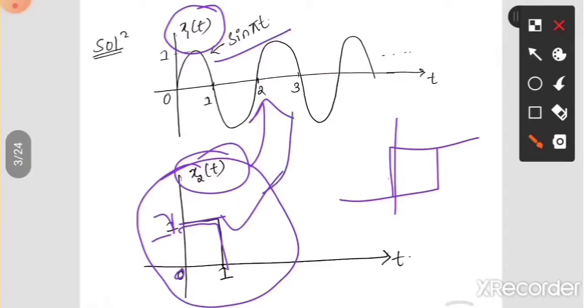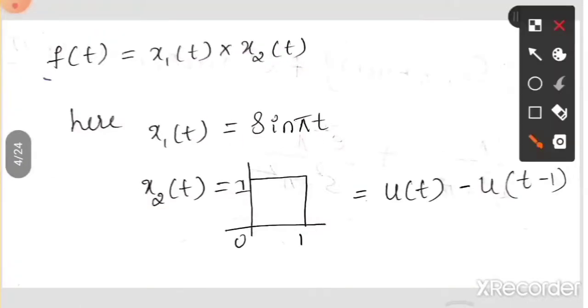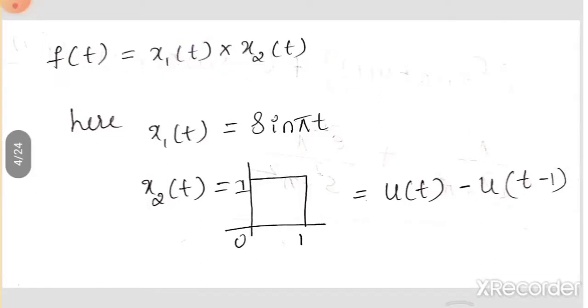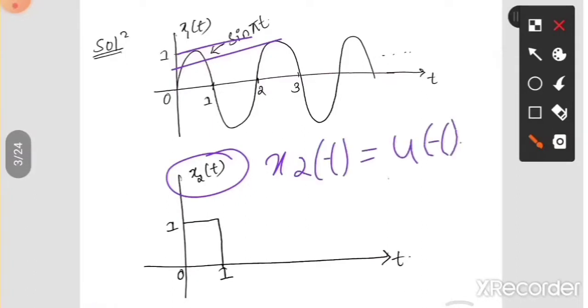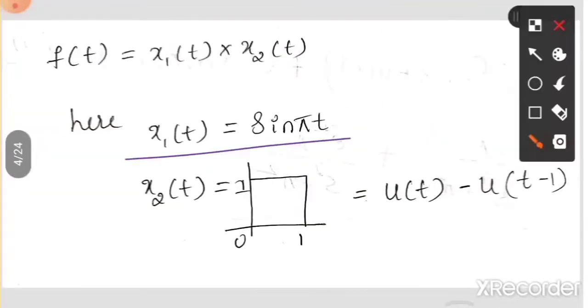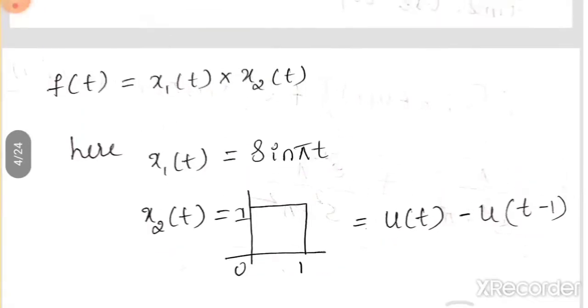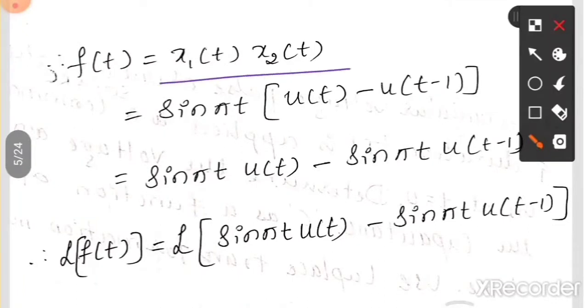To get f of t, we multiply x1 of t into x2 of t, where x1 of t is sine pi t and x2 of t is u of t minus u of t minus 1. Multiplying these two gives sine pi t into u of t minus u of t minus 1.